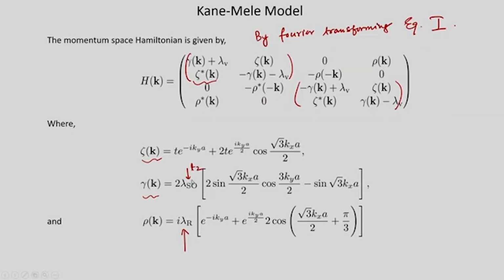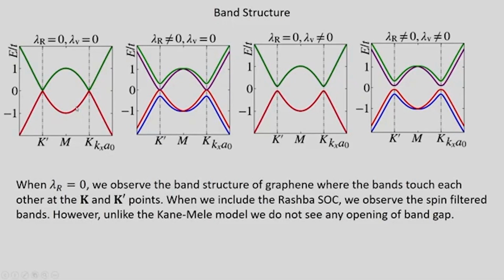Once one diagonalizes this Hamiltonian, which can be done on a computer, one gets the bands for various parameters. We have shown it explicitly for a few parameters. With lambda R equal to 0 and lambda v equal to 0, it's only the graphene case, and one has touching Dirac points.